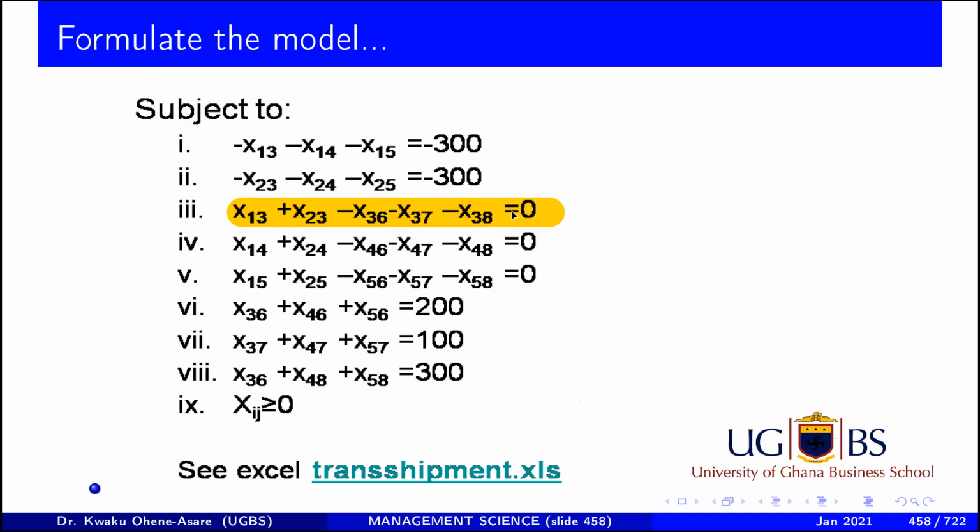And I told you that at the end of the day, on the right-hand side, there will be nothing because some are leaving it. So the formulation is basically the same. In fact, the top one up there is the same as that we did before. The only thing is that now they are from Nebraska and Colorado, and you just have to do with them. The only slight tricky part here is the transshipment part.